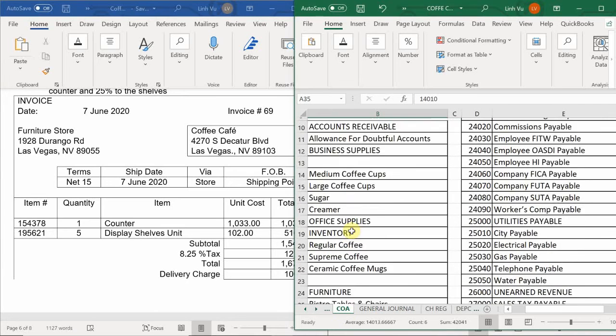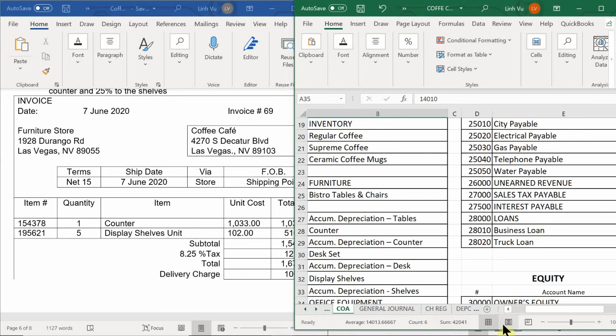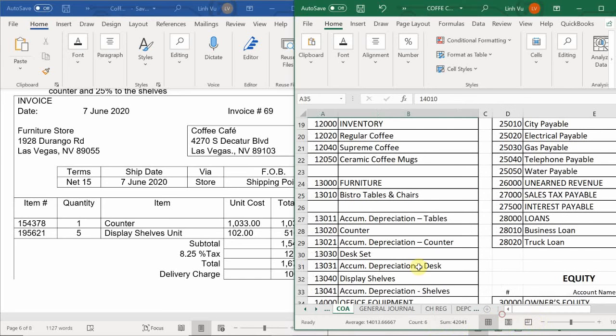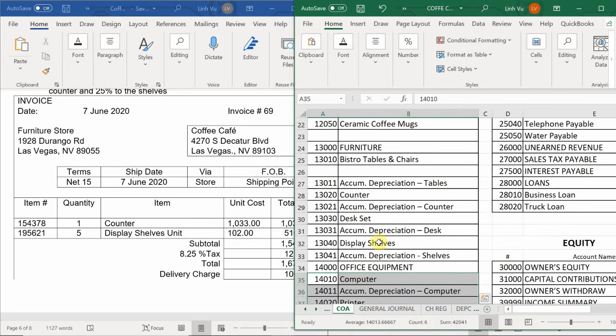What kind of furniture? Counter, which is 13020, and 13040 display shelves. Good.